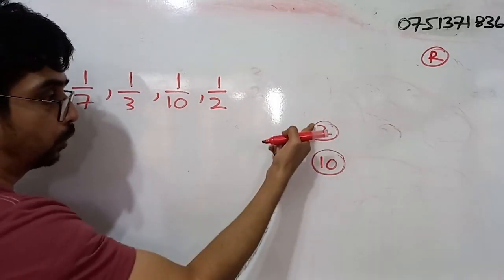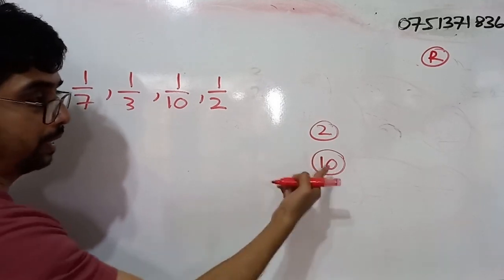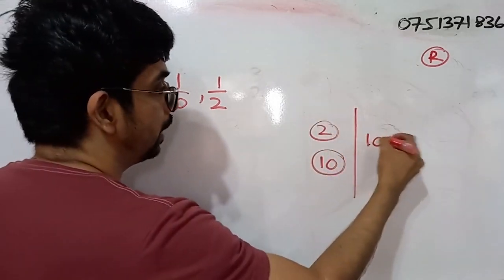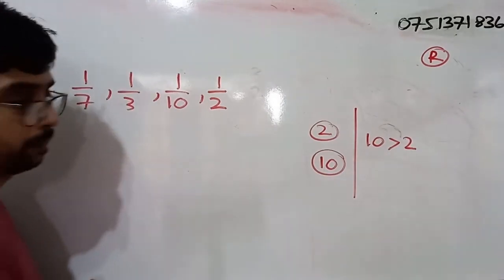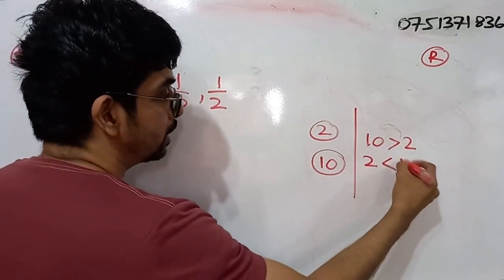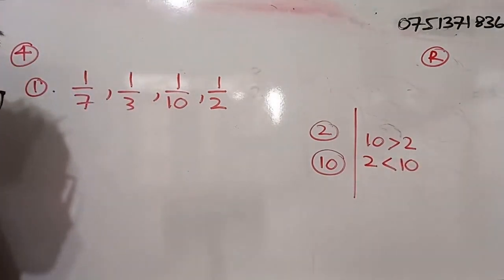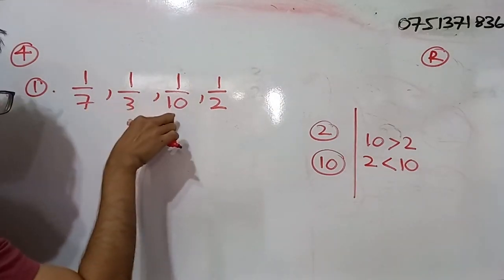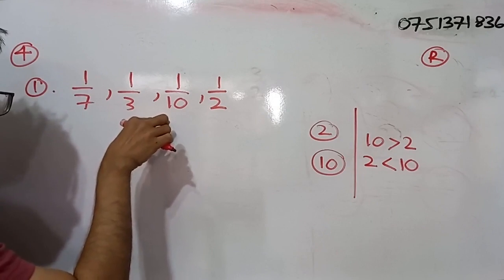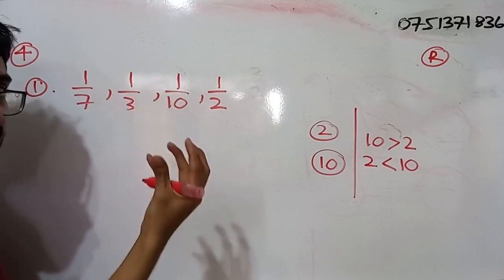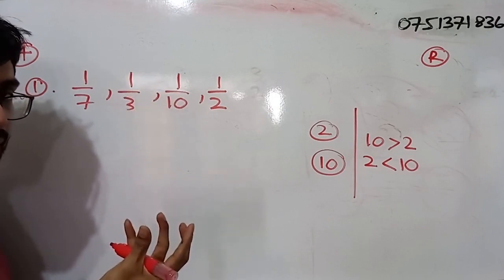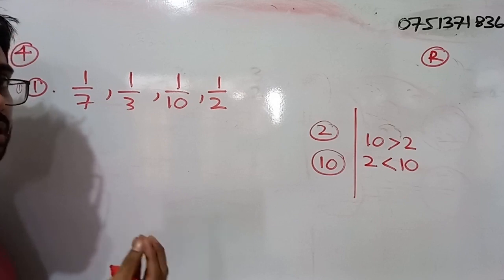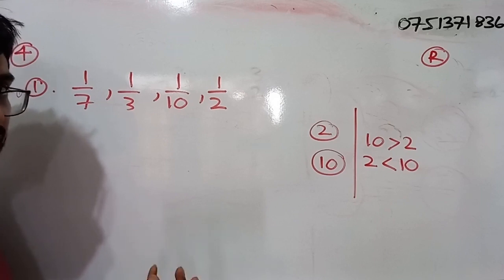We know that 2 is less than 10 or 10 is greater than 2. 2 is less than 10. But in fractions, what happens? The reverse. You have to focus on the denominator. The fraction which has the larger number is the smallest fraction. Those are the smaller fractions.